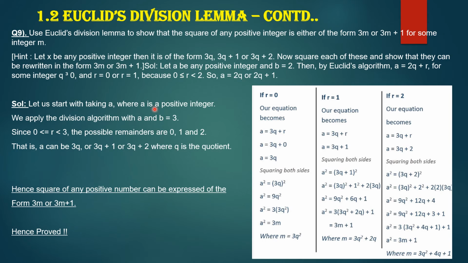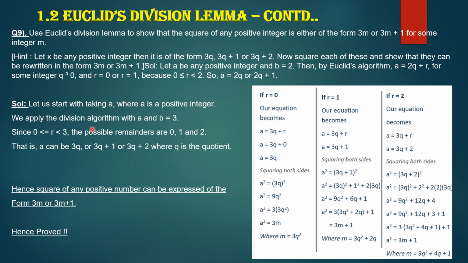How are we going to prove it? In this slide, I have given both ways you can prove it, either with the help of Euclid's algorithm or by following another approach. Let's think that we have a number a and b is 3, which is the ask.